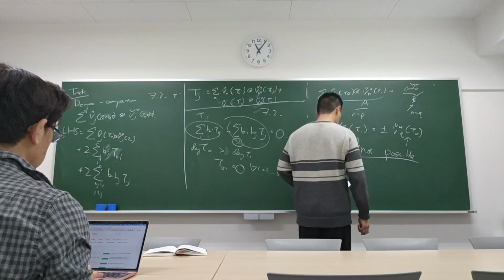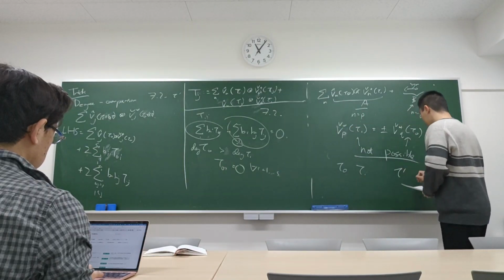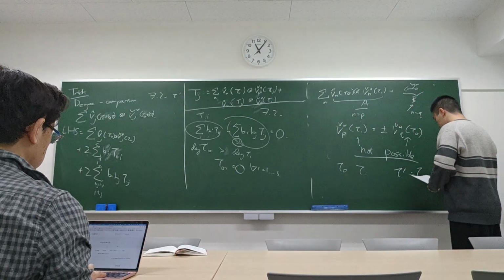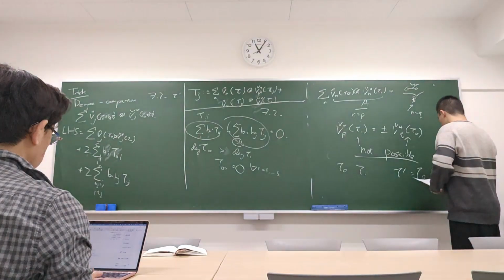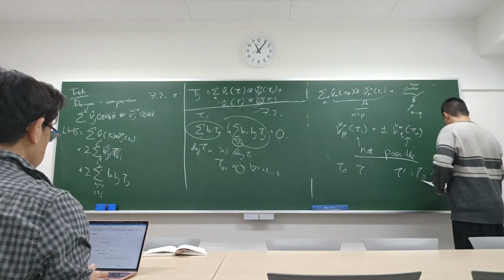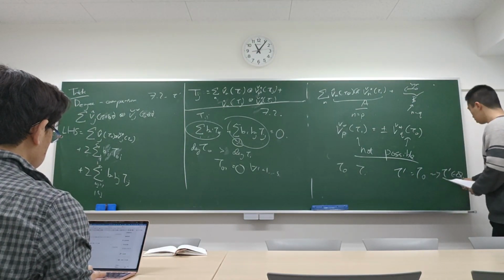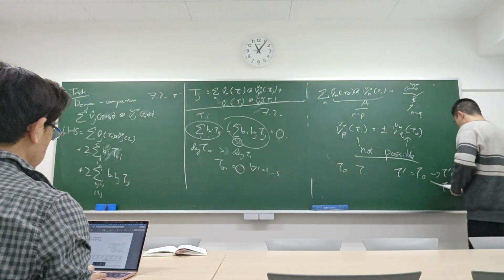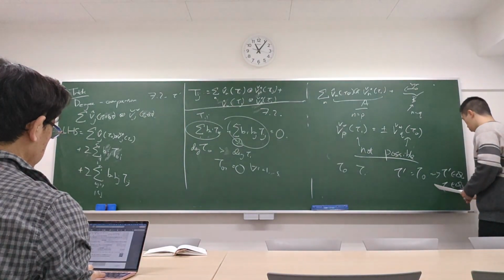So all this means is that T prime is exactly equal to T0. And because T prime is an element, therefore the original T is also an element of this.